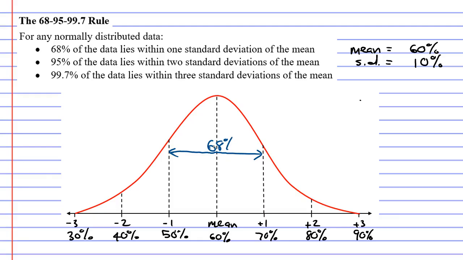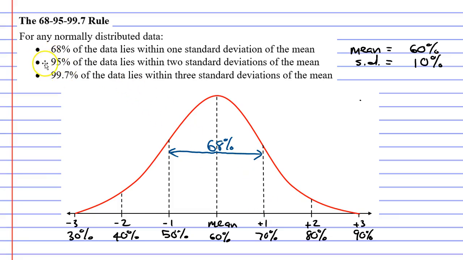So I'm going to write down that 68% of the data lies between these 2 intervals. So what do we mean by that? Well, basically we're saying that 68% of the students got a mark between 50% and 70% in this particular exam.